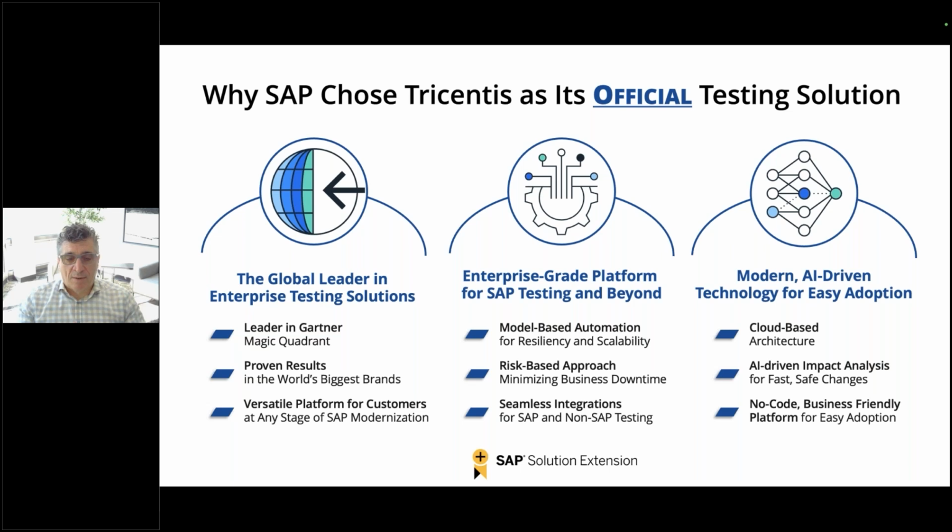So really a leader in enterprise testing. It covers all of your SAP. It also has capabilities to test non-SAP functions, so you can really test from end to end. It's enterprise grade, and it has modern technology, including AI-driven workflows and capabilities as well.